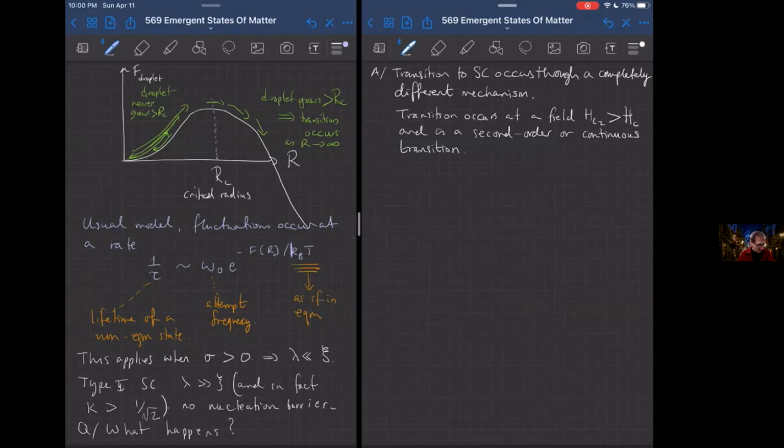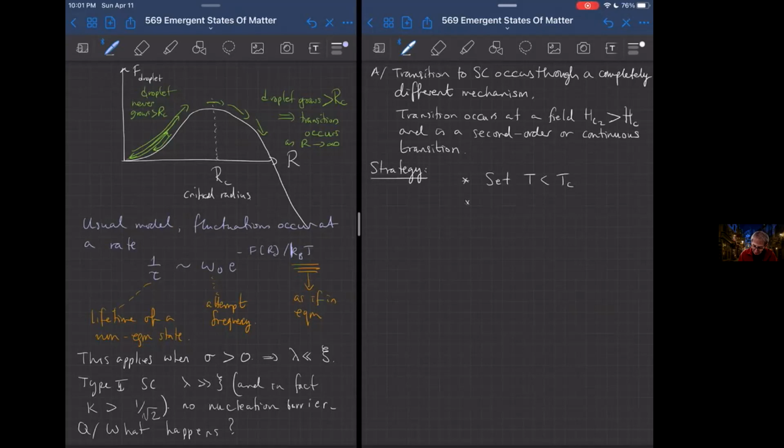Okay, so how are we going to do this? So here's the strategy that we're going to follow. We're going to start off with a temperature less than Tc.